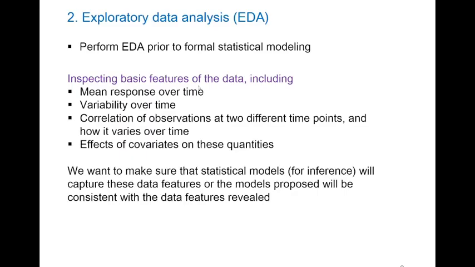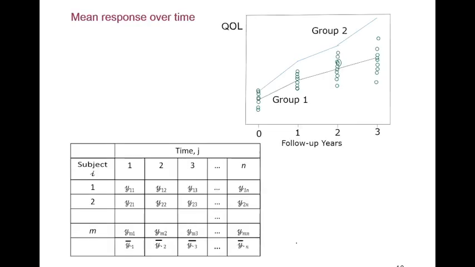Now let me go through these one by one. Start with mean response over time. Go back to the example. We have four time points: baseline, year 1, year 2, year 3. Quality of life is the outcome of interest.